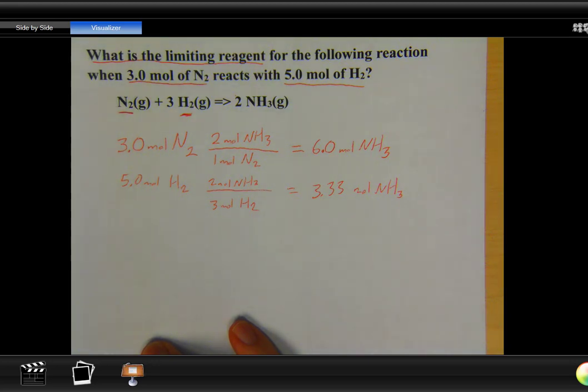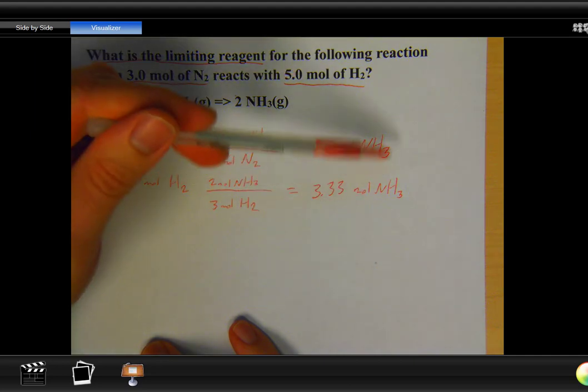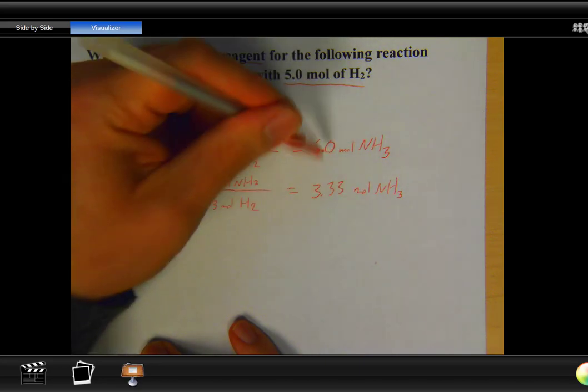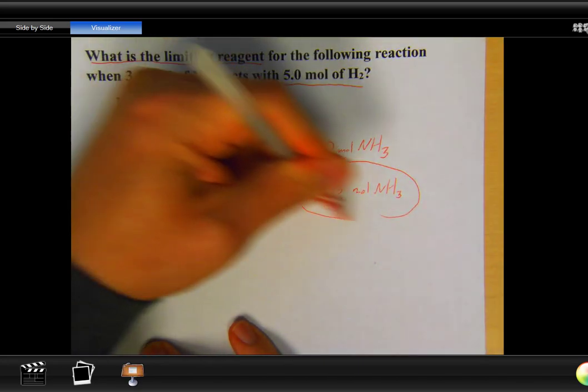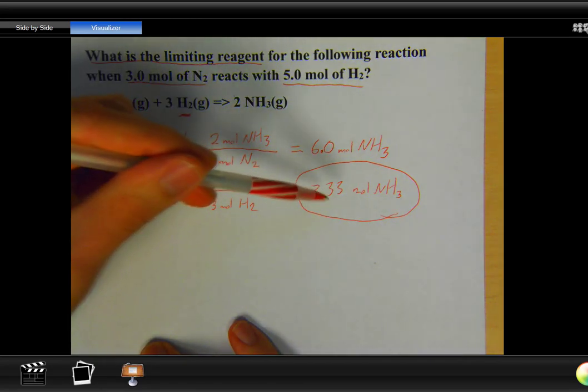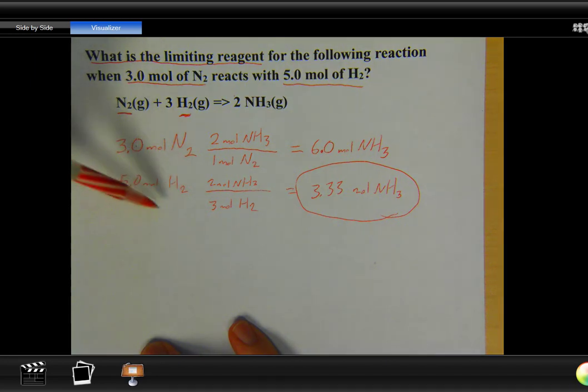So now what we do is we make a decision. We have been given the amounts of both of our reactants, N2 and H2, and from each of those we've said, well, this is how much of the product we can make. And we notice between these two numbers, this one is smaller, and that's telling us that when we have this number, we have this as what was limiting that.